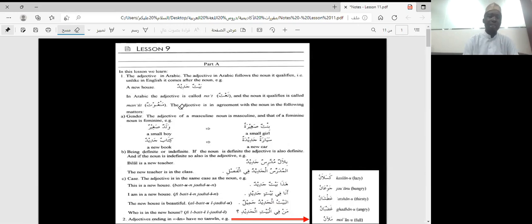For example, in gender, whether mudhakkar, masculine, or mu'annath. Mudhakkar or mu'annath. The adjective of a masculine noun is masculine. So when you see baytun is masculine, hence the na'at should be masculine as well. We have baytun jadidun.